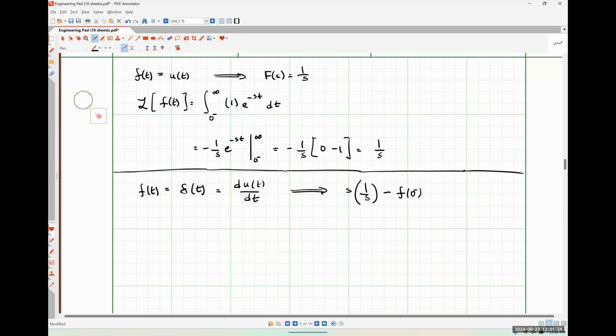What is the value of a unit step function the moment before it turns on? 0. So s times 1 over s is just 1. So the Laplace transform of the unit impulse function is literally just the number 1.